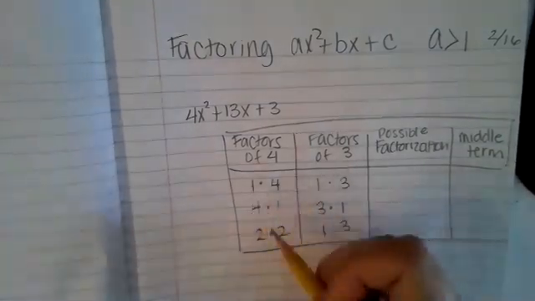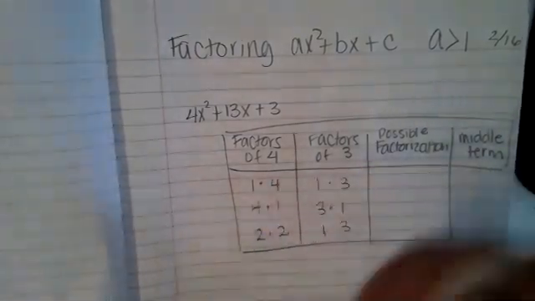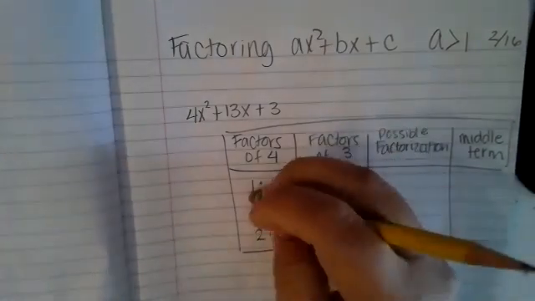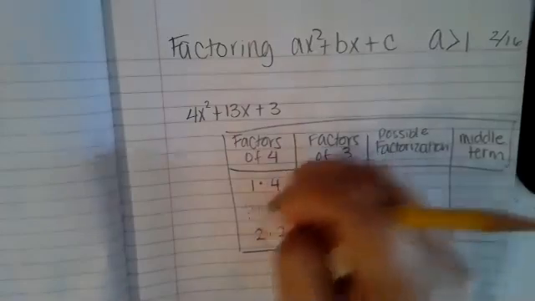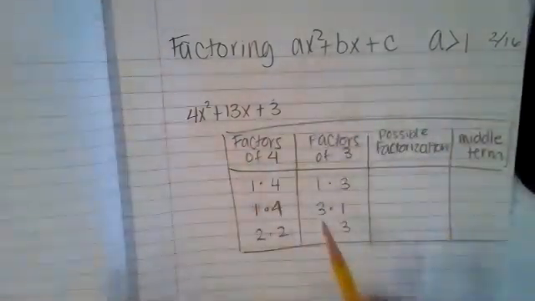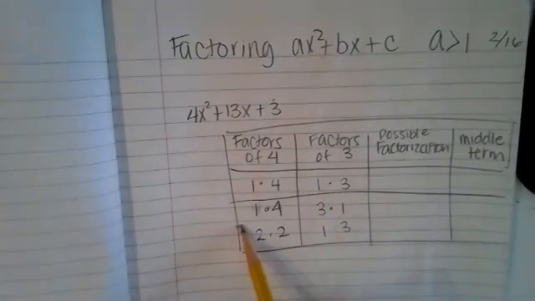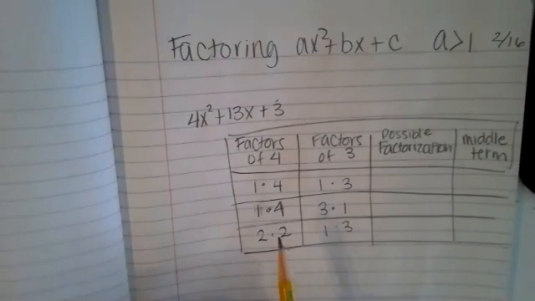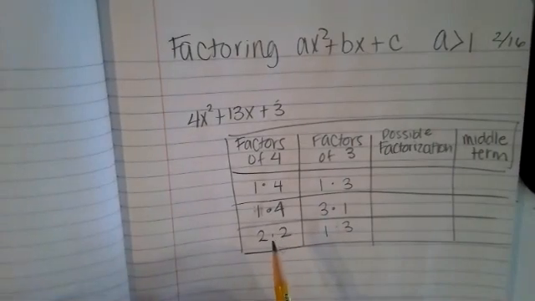So technically, I wrote this one as 4 times 1, but we're probably going to want to leave it as 1 times 4, and this will make more sense in a minute why. Okay, so I have my factors written out here. Pretty basic and straightforward.